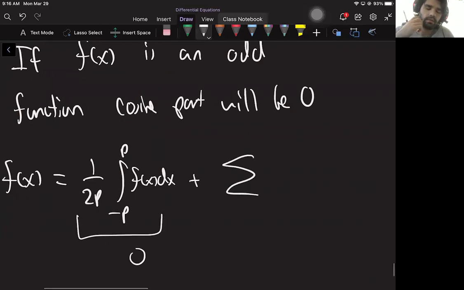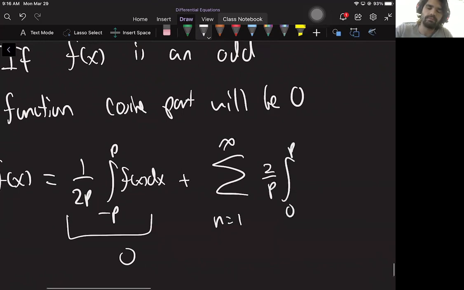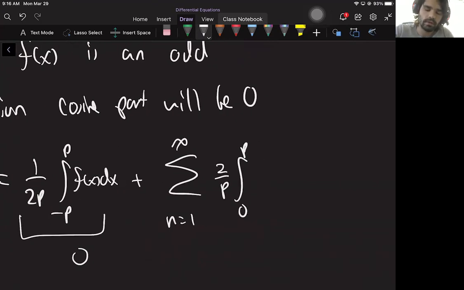But you will not make the sine part be 0. So this part will not be 0. But what you can do is change the integral to 0 to p and double it instead.